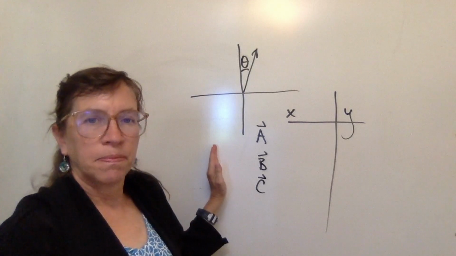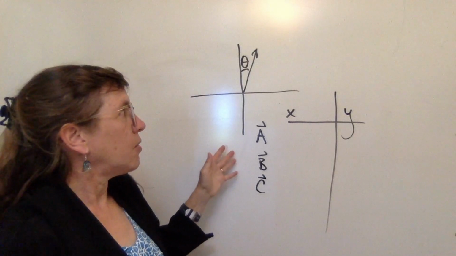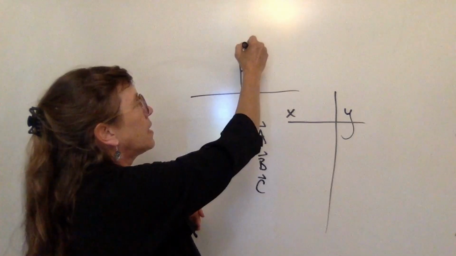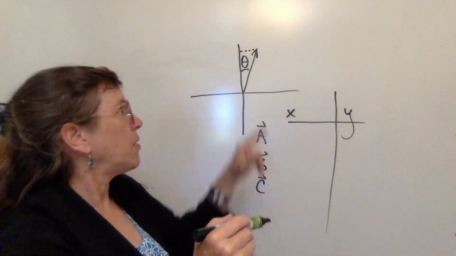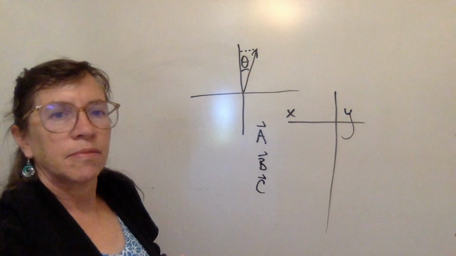So you're going to need to absolutely know that the cosine of the angle in this particular case would give you the y component rather than the x component.